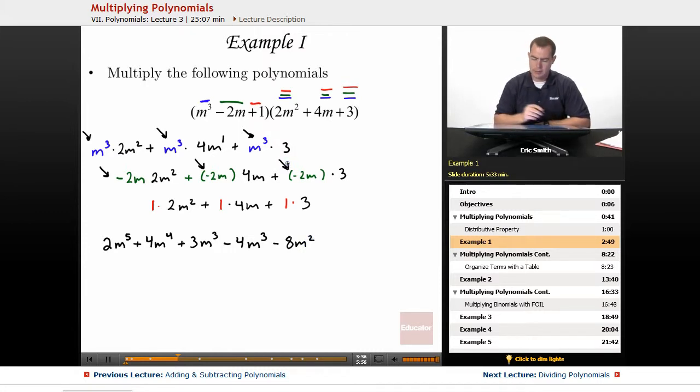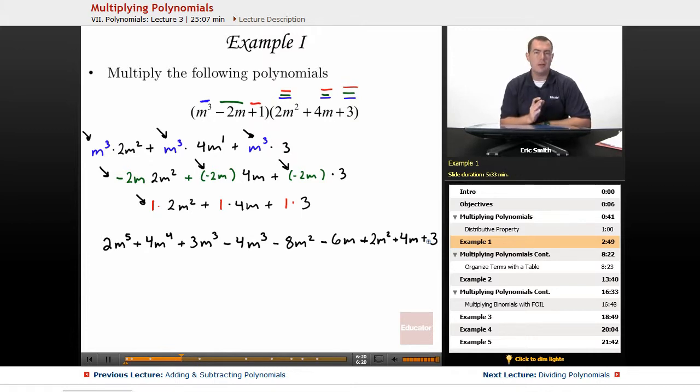Negative 2m times 3. Negative 6m. Alright, so that takes care of those. On to the last row where we multiplied 1 by everything. Well, fortunately, 1 times anything is itself, so I'll have 2m squared, 4m, and then 3.